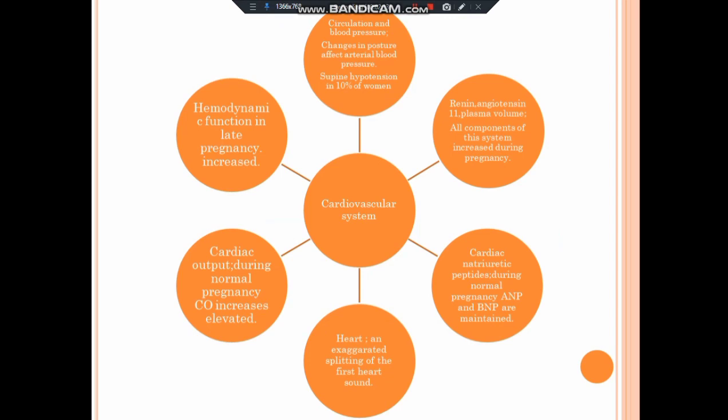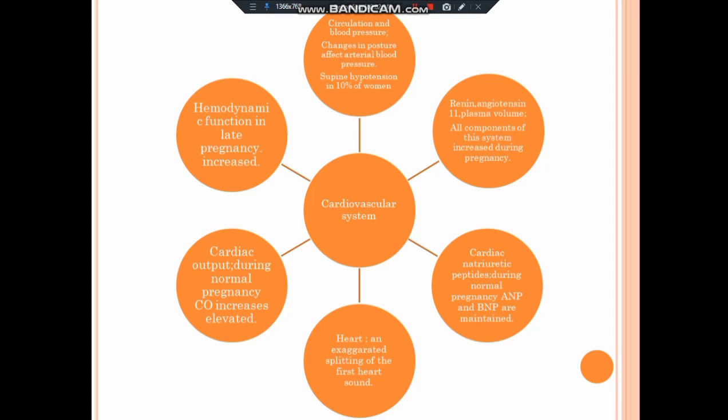So the cardiac output of the heart is increased because there is a muscular hypertrophy of the heart, which is also known as physiological hypertrophy. So the cardiac output increases during pregnancy.